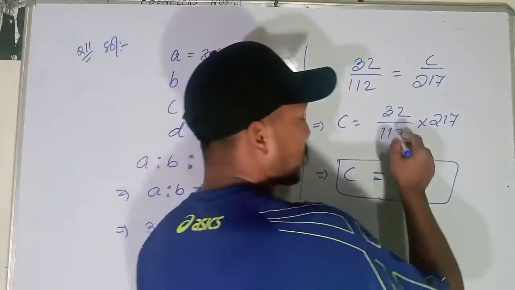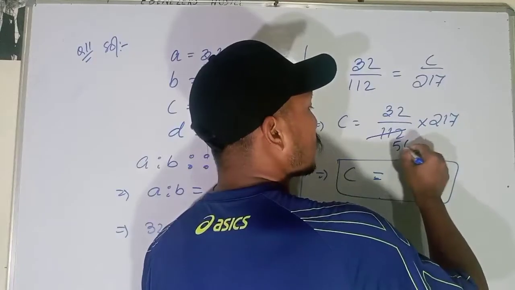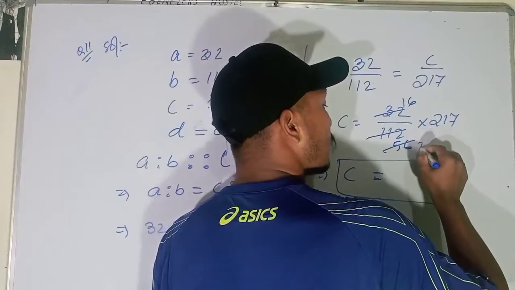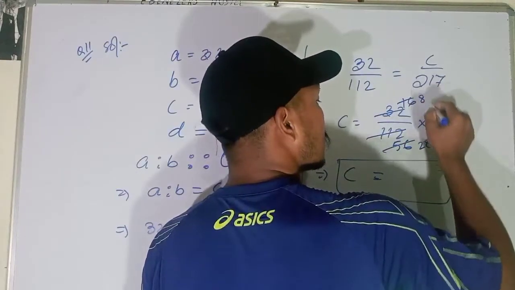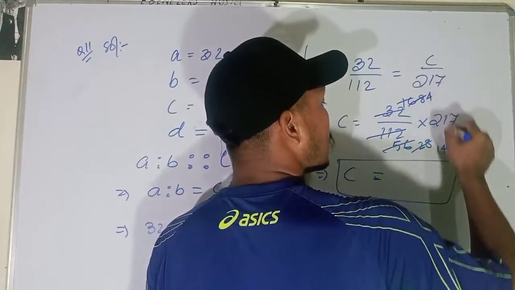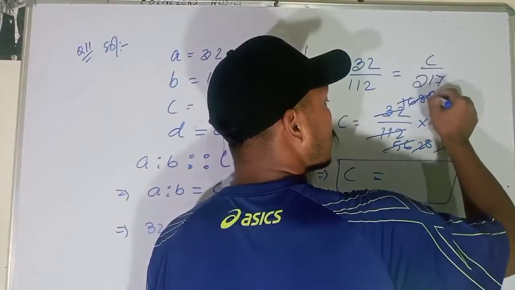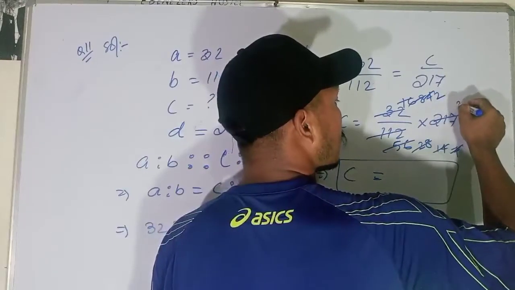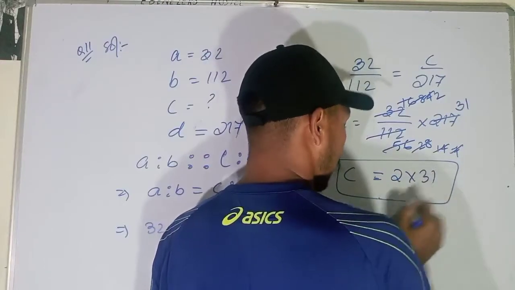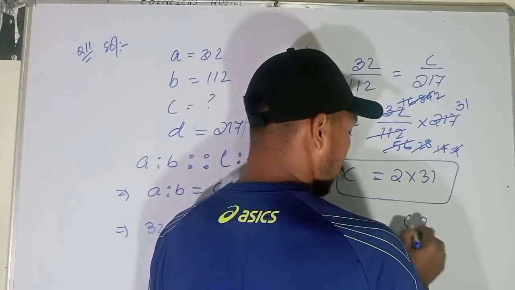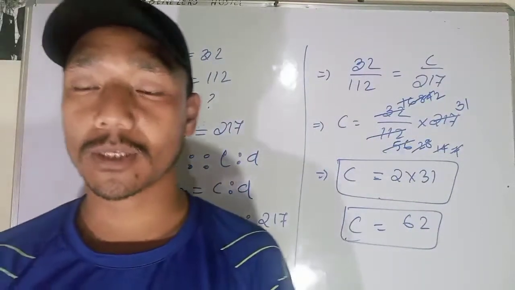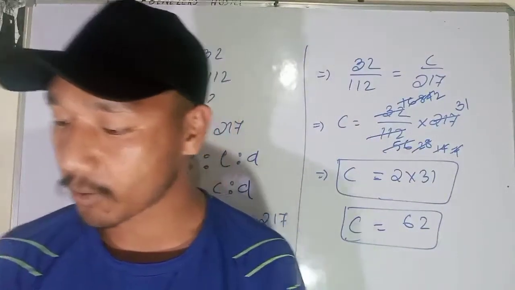Here you can simplify: 2 5s are 10, 2 6s are 12, 2 1s are 2, 2 2s are 4, 2 8s are 16, 2 4s are 8, 2 7s are 14, 7 3s are 21, 7 1s are 7. So it is 2 into 31. If you calculate, 2 1s are 2, 3 2s are 6. The answer is 62. So C, the third value, is 62.